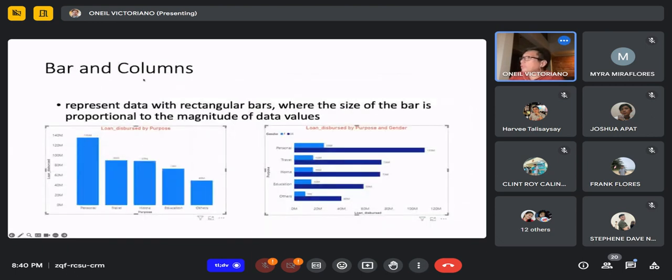So we have a bar and column. The bar and column represents data with regular rectangular bars with sizes proportional to the magnitude of data values. So a good bar and column chart should have proper labeling of these different data.